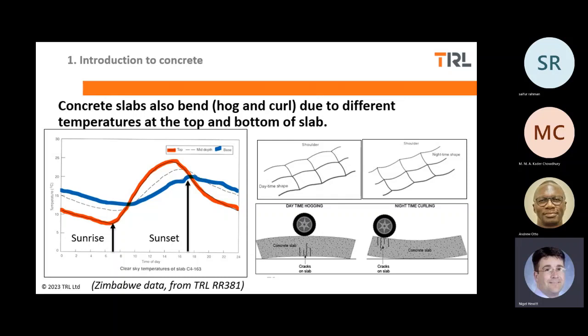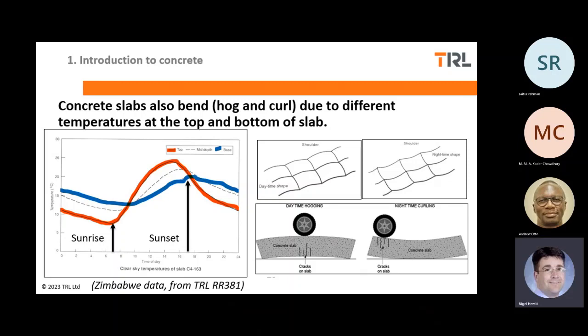So it bends that way and that way. It's like a bimetallic strip. So during the daytime, the surface is hotter than the bottom. So the top expands more and it curves like that. And nighttime, the bottom is actually warmer than the top. So it curls back. And here you can see some examples of temperatures.